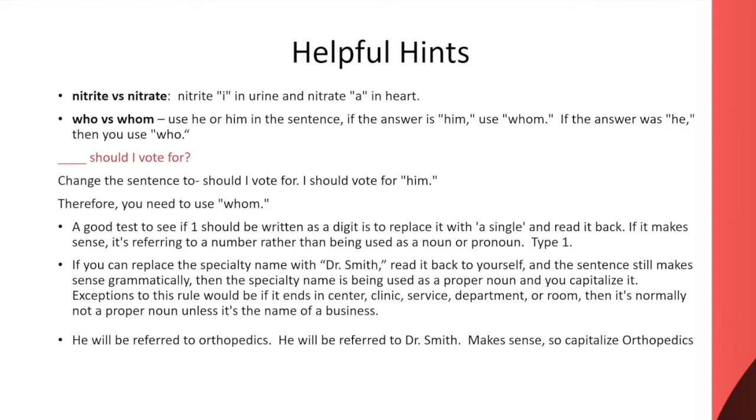So just remember, when it comes to trying to figure out who versus whom, just put where whom or who is placed at the end, and then read the sentence. If he makes sense, then use who. If him makes sense, then use whom.